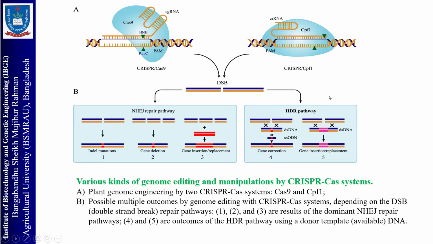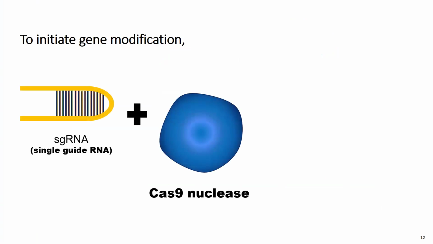Huge research is going on for making HDR pathway-mediated genome editing. In that case, even chromosome engineering can be done, and lots of basic work is being done. And here you can see how the process is done.